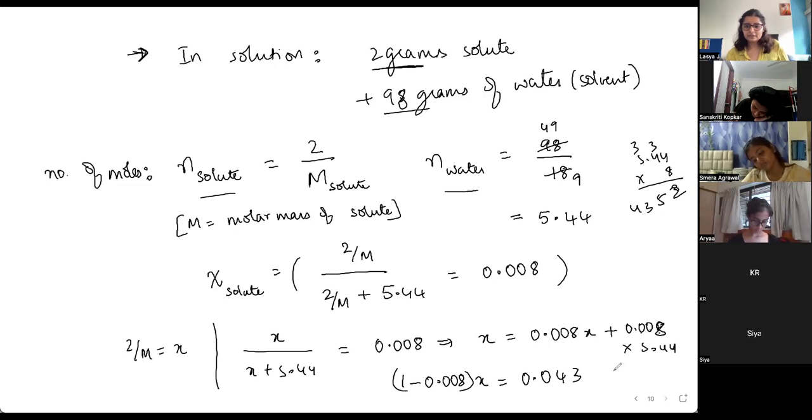Okay. So x will be equal to 0.043 divided by 1 minus 0.008, which is 0.992.